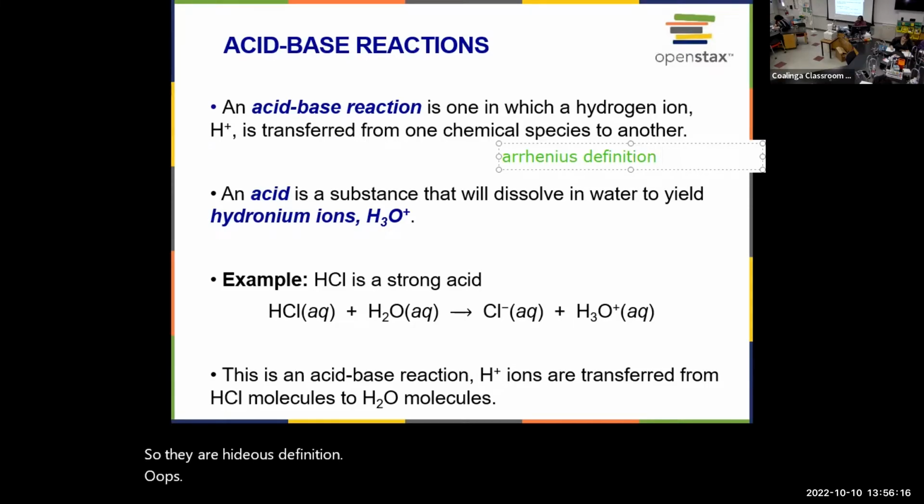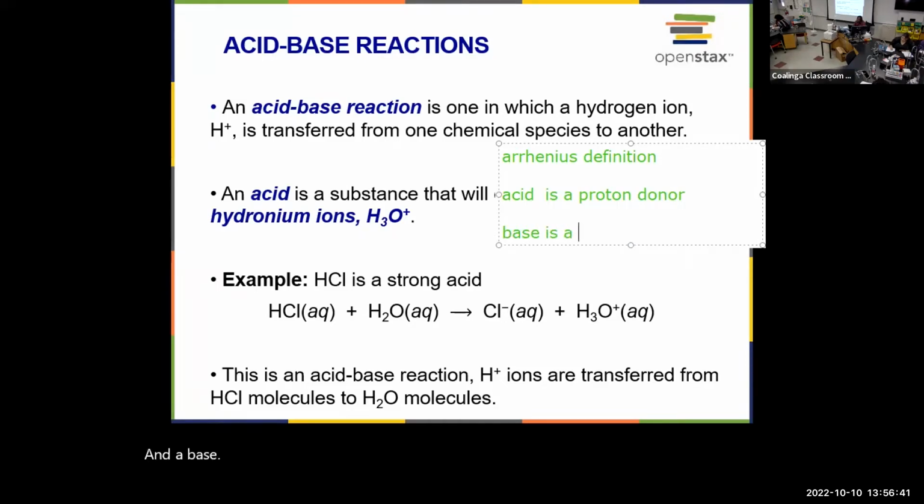An acid is a proton donor, and a base is a proton acceptor.